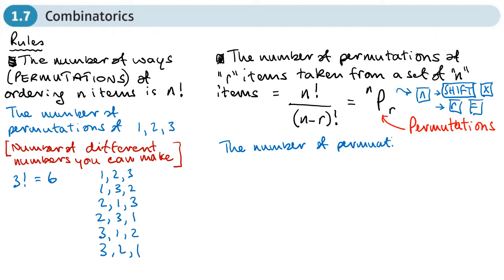Let's say I want to know the number of permutations of 3 items taken from 10 items.